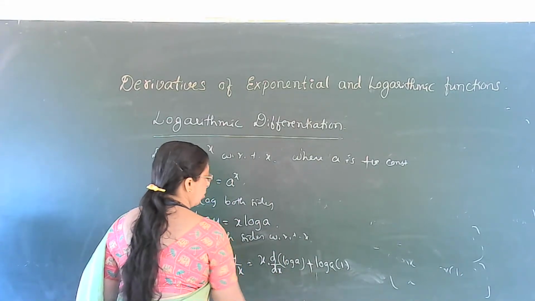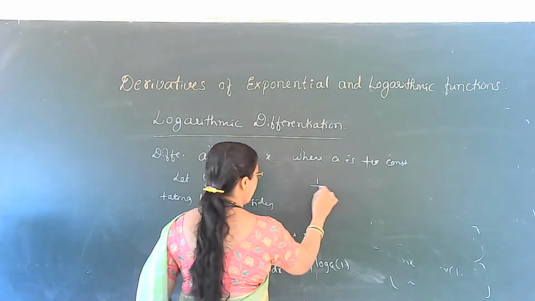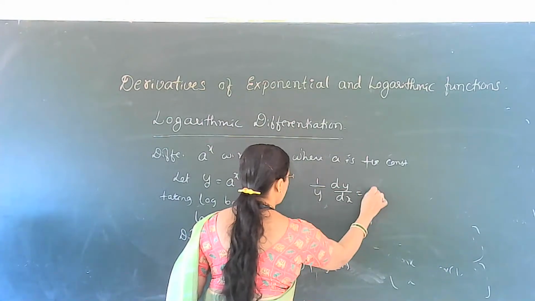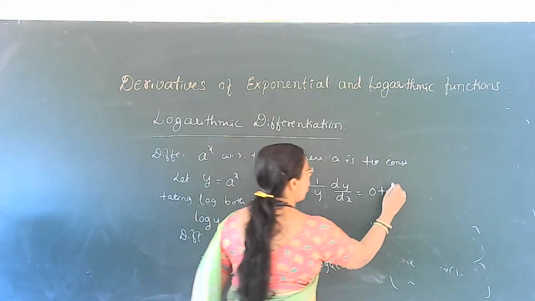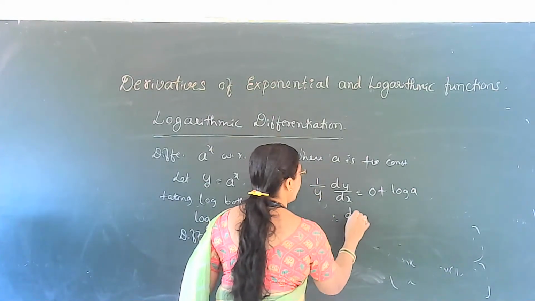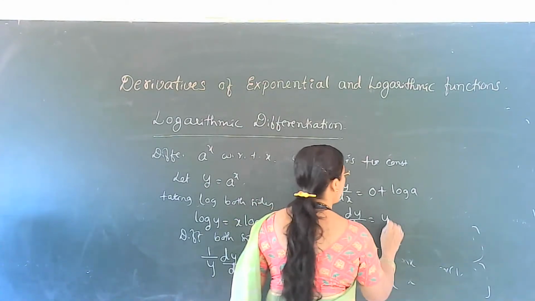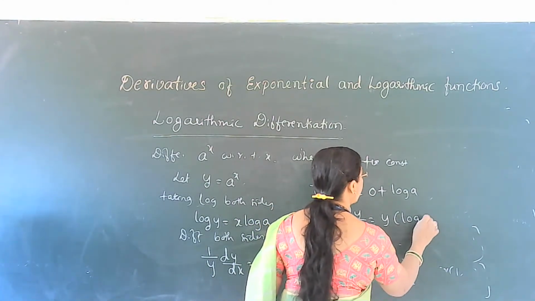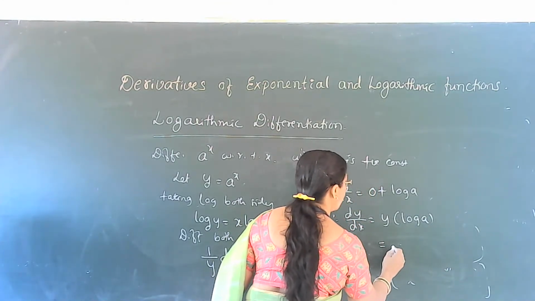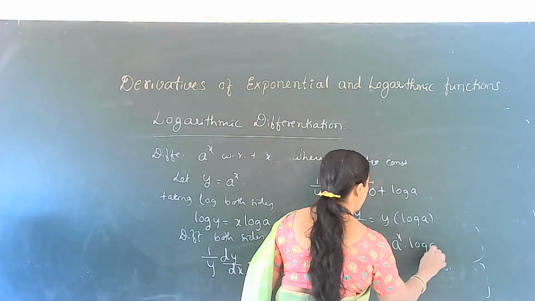Here the derivative of a constant is 0. Therefore, 1 by y dy by dx is equal to 0 plus log a. Therefore, dy by dx is equal to y into log a. Therefore, the derivative of the function a to the power x is equal to a to the power x into log a.